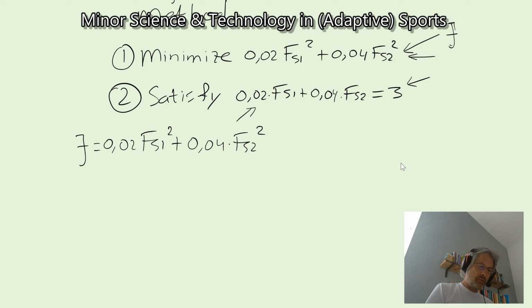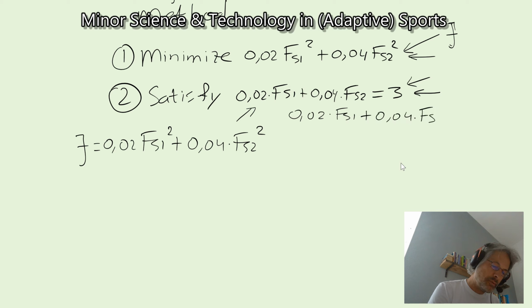Now, what we have to do is add the constraint equation. And what is the constraint equation? Well, that is this one. But before you can add it, you have to rewrite the constraint equation such that it ends at 0. So we have to write this as 0.02 times Fs1 plus 0.04 times Fs2.